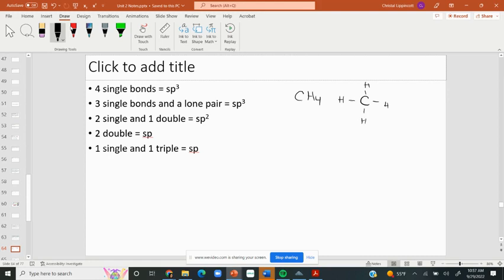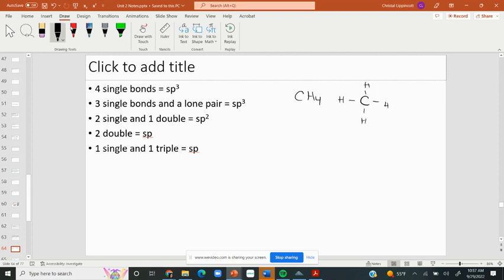I hold up 3 fingers. I take one down for each double or triple bond around the central atom. I didn't take any down. This hybridization is sp3.